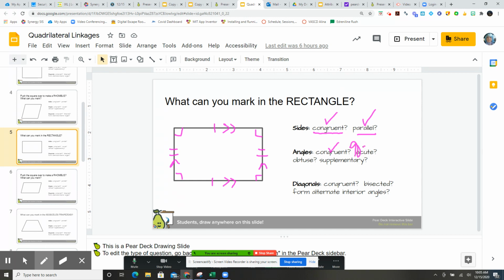Okay, so now we know about our sides, we know about our angles, we need to talk about diagonals. So what do I know about the diagonals of a rectangle? Are they going to be congruent? They are. So they are not only congruent, but they have also been bisected. So all of those sides are exactly the same. I've formed 4 isosceles triangles. The 2 triangles on the left are isosceles and congruent, and the 2 on the top and the bottom are isosceles and congruent.